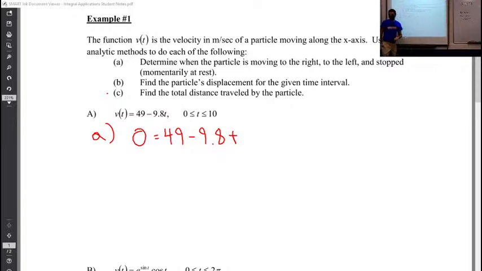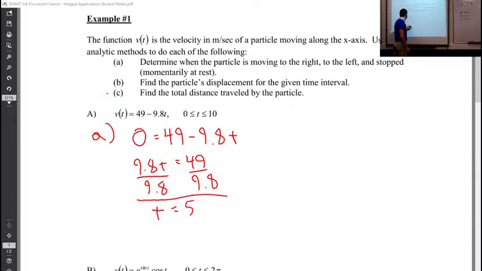this will tell us when the particle stopped. Okay, maybe we'll use the calculator on this part. Actually, I don't need it. Because I know 98 is double 49, so I know the answer here is going to be 5.